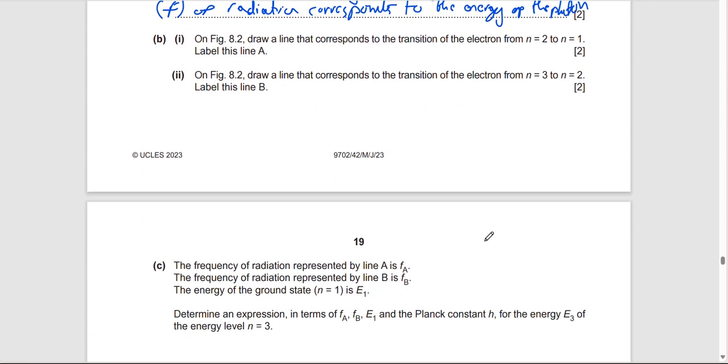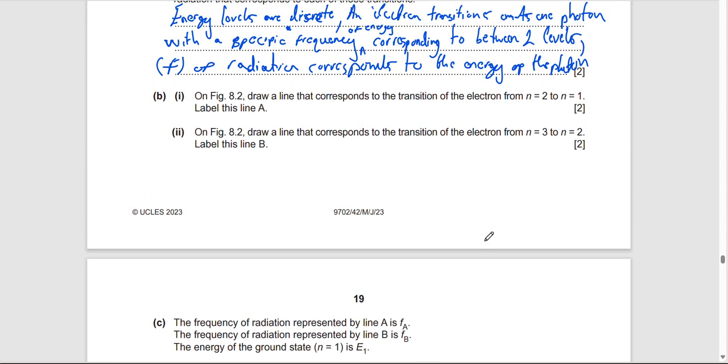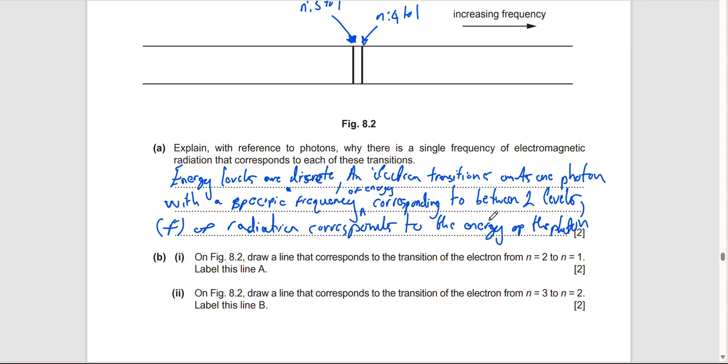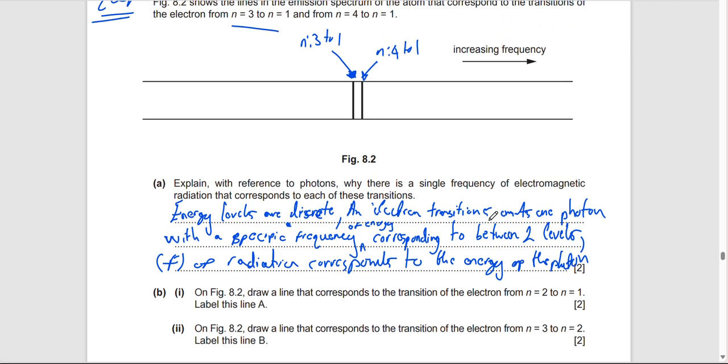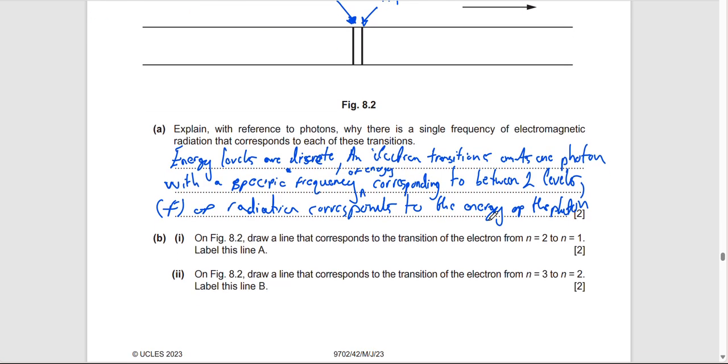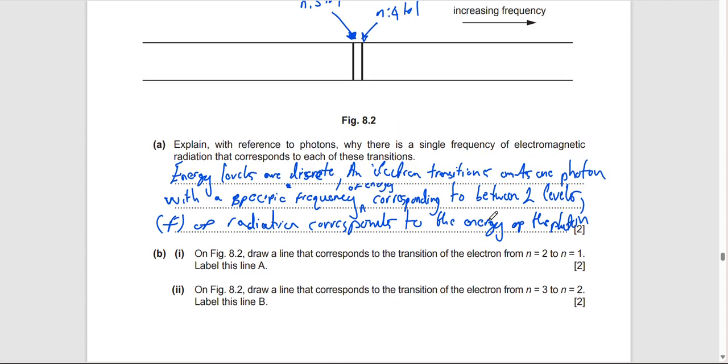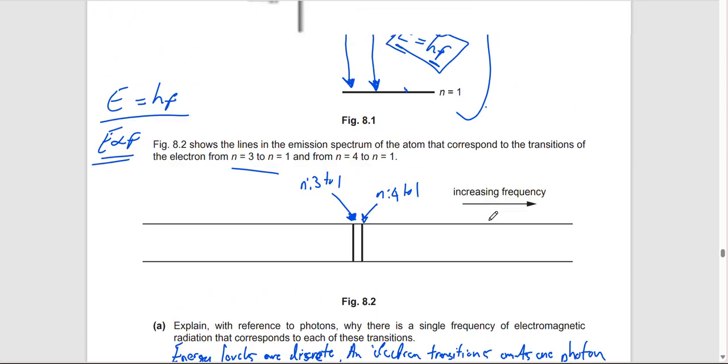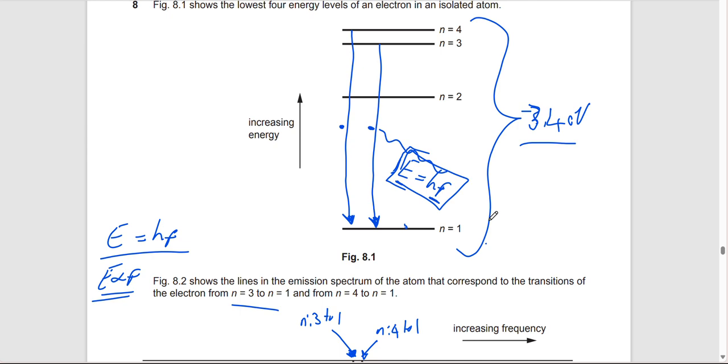Right. So B, it says on figure 8.2, draw a line that corresponds to the transition of the electron from n equals 2 to n equals 1. Label this line A. So for you to know how to do this, you have to look at the diagram again. We want to draw a line that corresponds to the emission.